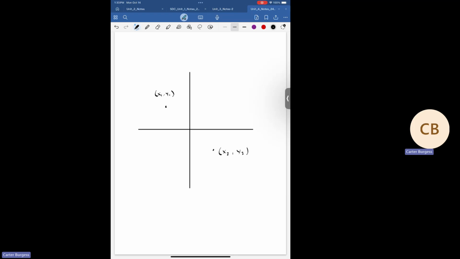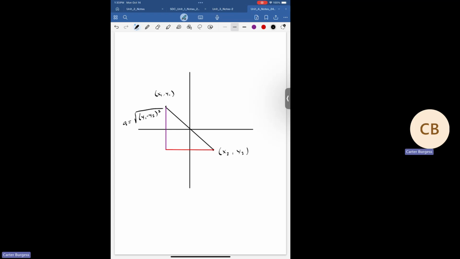But in order to find the distance between these points, we again are going to be constructing this right triangle. Where our y displacement can be found either with absolute value or by squaring the difference in my y values and then taking the square root.